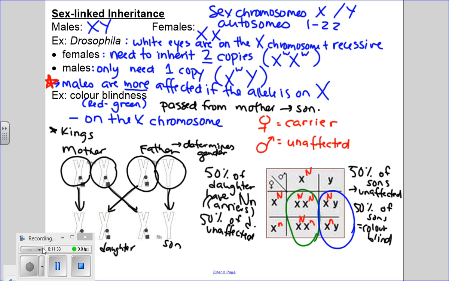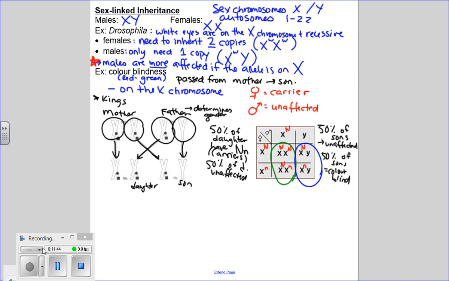Now, that's how I would answer it if we were asking about a daughter or a son specifically. If I were to ask you, what is the probability that these people will have a son with color blindness? The probability is 25%.